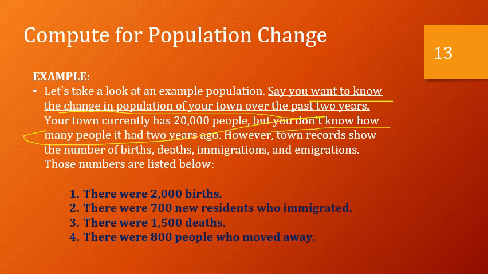However, town records show the number of births, immigration and emigration. So these are listed below. So we have here the data: 2,000 for birth, 700 for new residents who immigrated, and there are 1,500 organisms na namatay, and of course 800 na nag-move away.